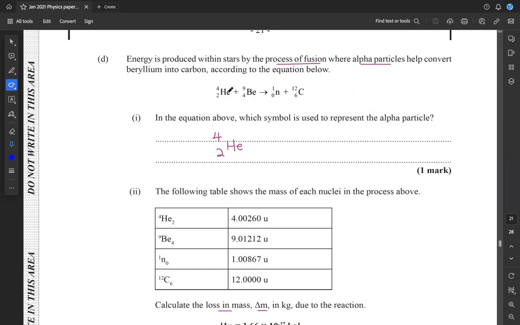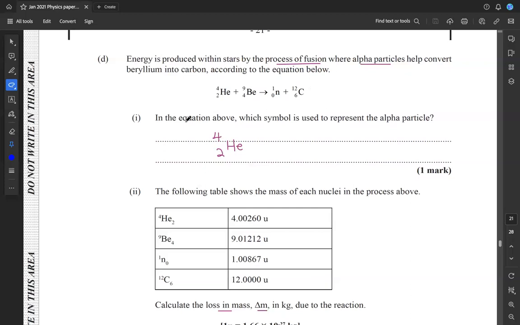So we have our helium nuclei, which represents our alpha particle. Then we have a beryllium atom here. And when we fuse these 2 together, a neutron is liberated, and carbon as well. So that's how this whole thing works.